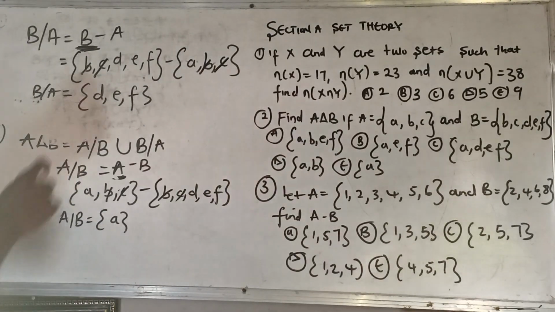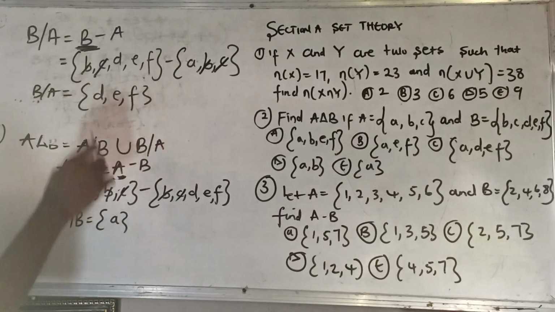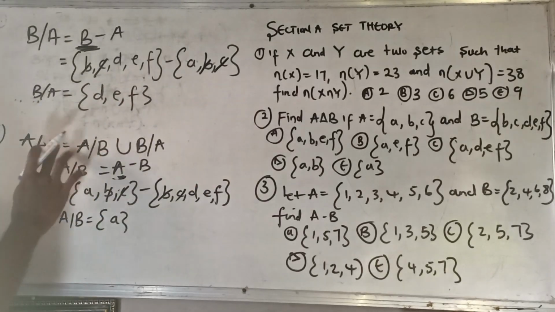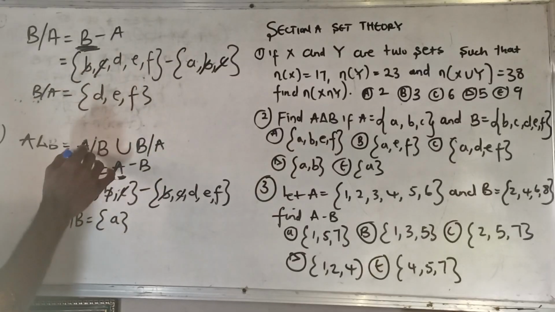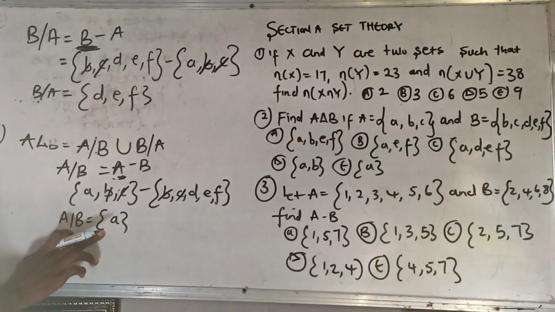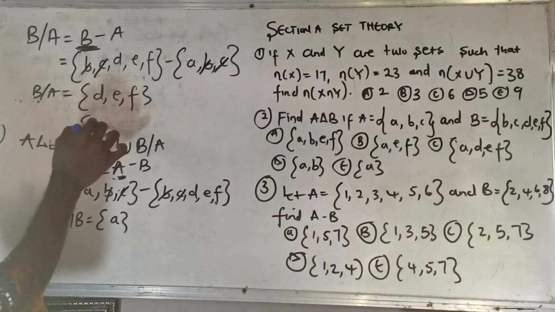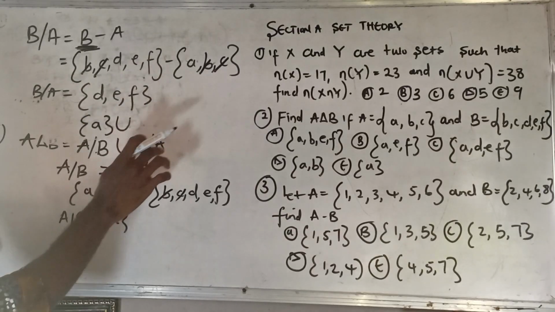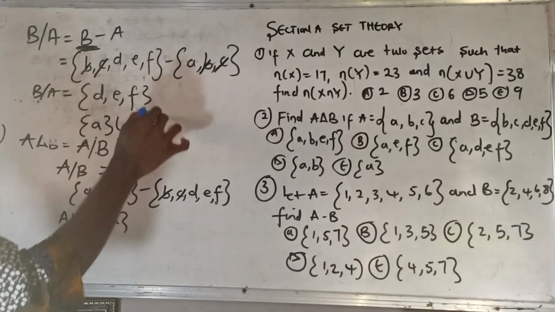Recall that the formula is A divided by B union B divided by A. So using this formula now, A divided by B is what? Look at it here. It is element A. Union, B divided by A is what?